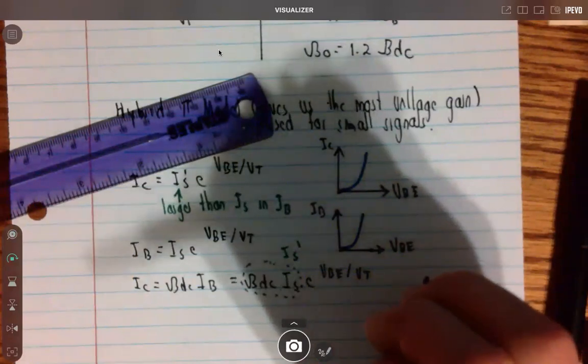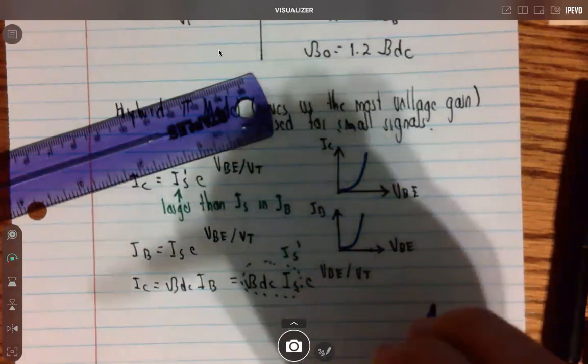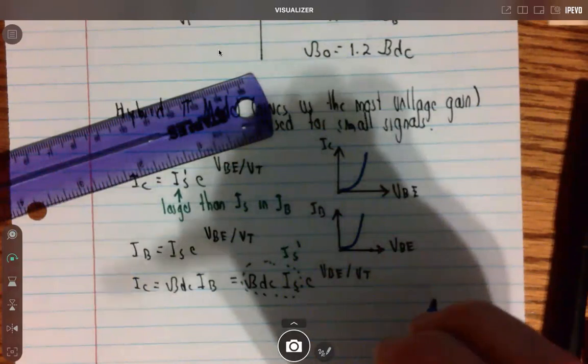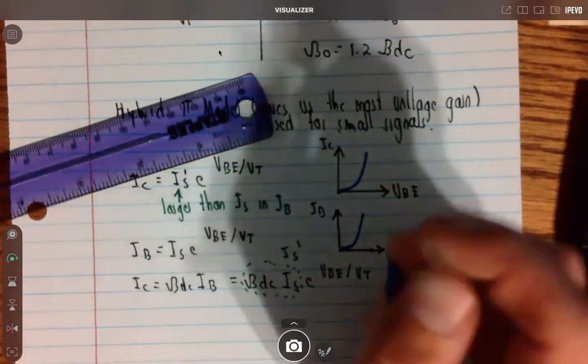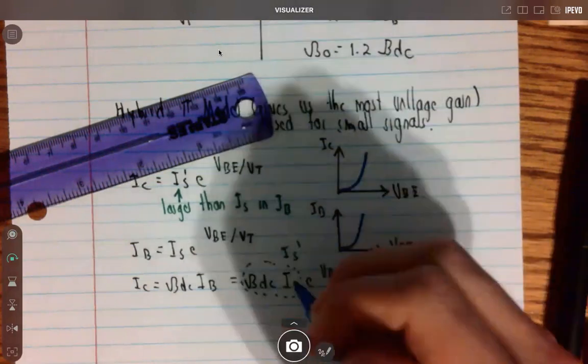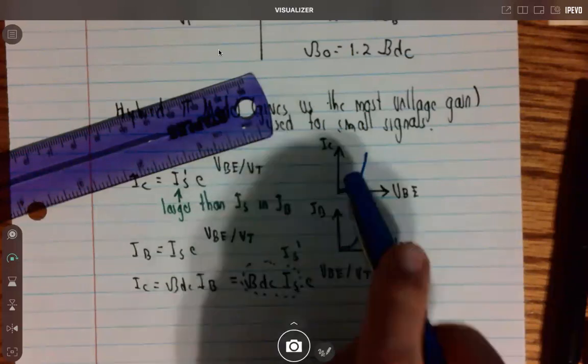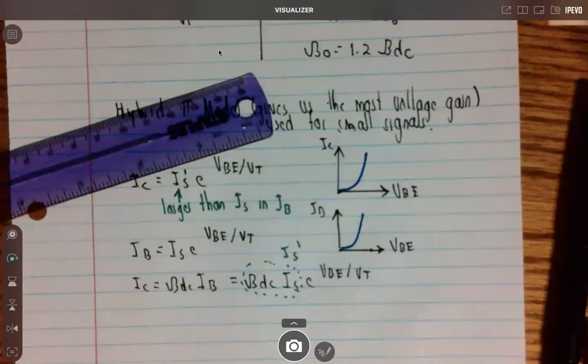And so what we're going to notice is that because of these relationships, we know this one is beta DC times bigger because of saturation current. And we're going to later define some terms. And so we're going to get the slopes of these, and the slopes of these graphs are going to correspond with what we have in particular to our equations.